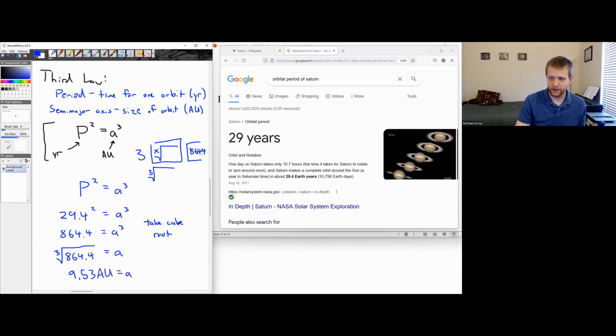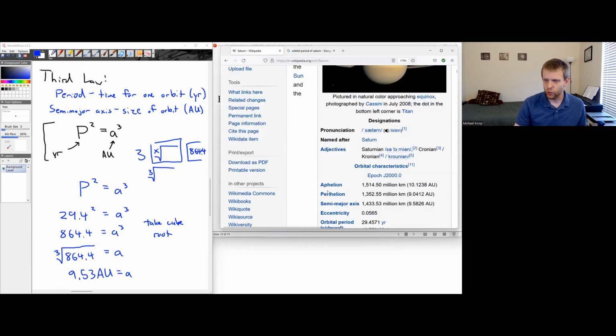And on Lon-Capa, if you type in capital A, capital U, it will recognize that as being astronomical units. So this is the prediction we have for the semi-major axis of Saturn's orbit. And if we go to Wikipedia and look up that semi-major axis, it's within rounding of what we did for the overall result.